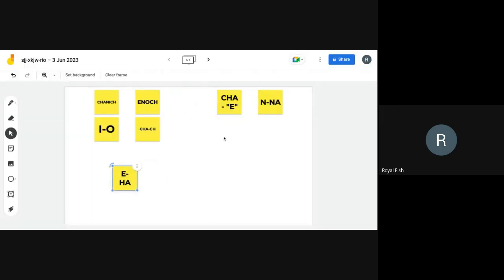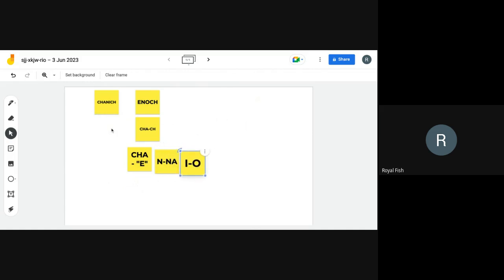So when you label all of these in order, ENOCH. So these are the separate letters. We're gonna keep this up here for a little bit. Kanike.